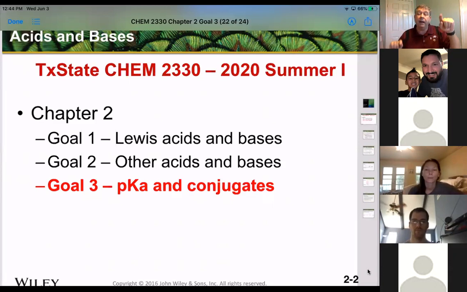And we have to compare those. But instead of having to worry about comparing pKa's and pKb's, which would be the base equilibrium constant, we're only going to look at the pKa, the acid strength, and its conjugate pair. Okay, so we're simplifying the system, so we only have to look for one value, and we only have to know the trends for one value.